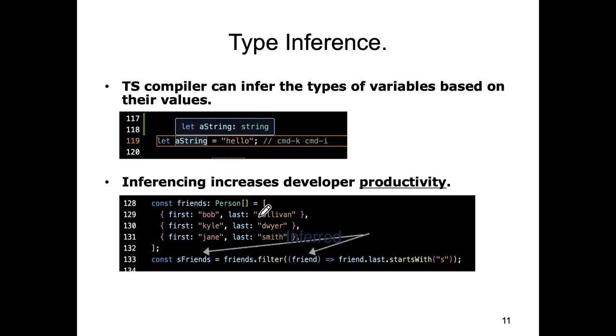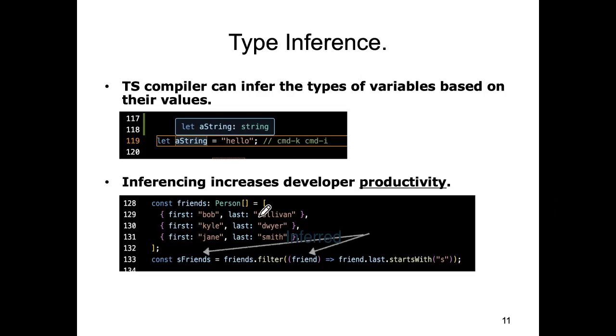The advantages of TypeScript are all the things I've mentioned so far, but typing all of this extra syntax can be quite a burden if you're developing a large code base.